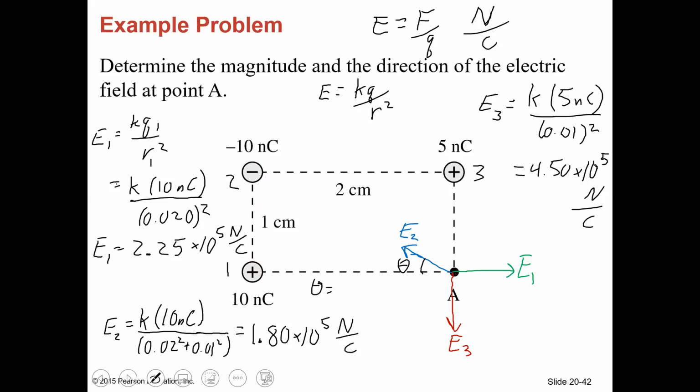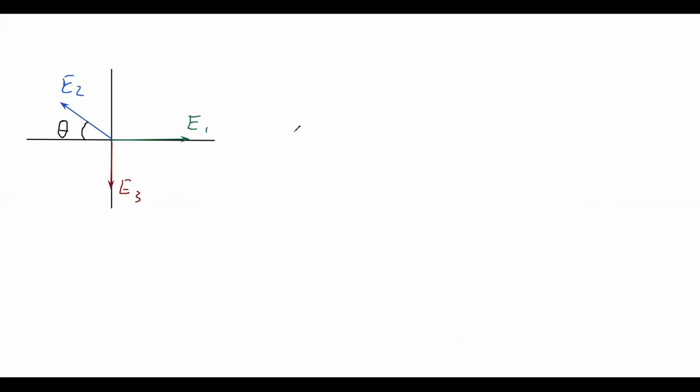So theta equals tan inverse of opposite over adjacent, so 1/2. Okay, so tan inverse of 1 over 2, what do we get there? 26.6 degrees. Okay, so that's what that angle is.